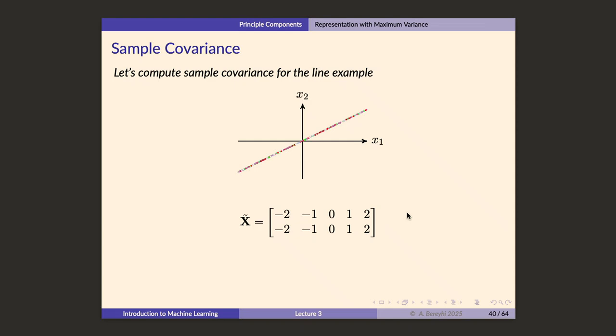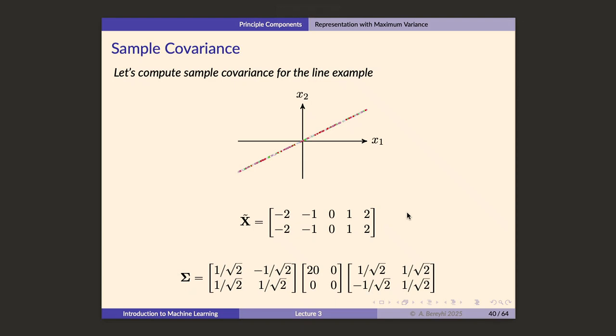Of course, I had to divide it by the number of points, which is 1 by 5, but I don't do it because I don't want to have too many fractions.